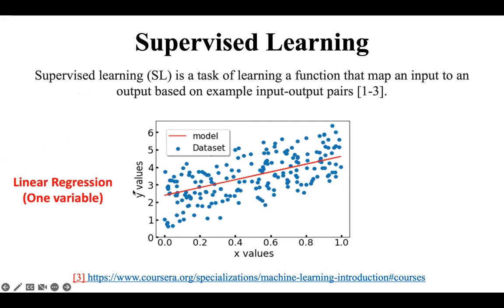Your y values depend on just one variable, which is x. The data set is represented by the blue dots, and we are going to find a line or model that maps this data set. Just simple linear regression.